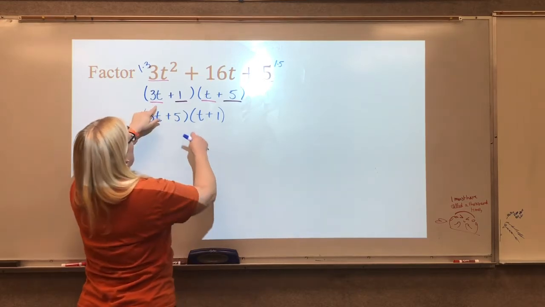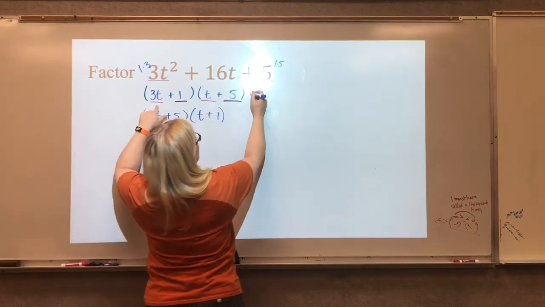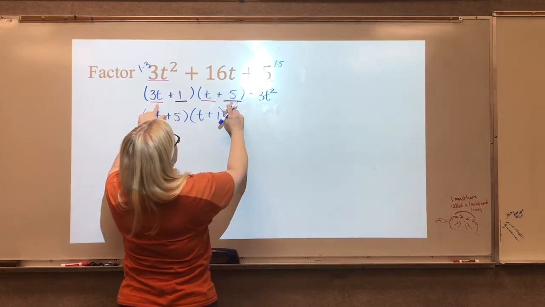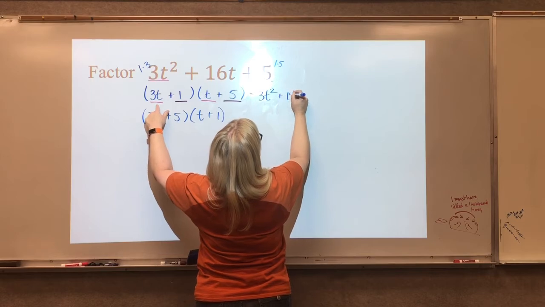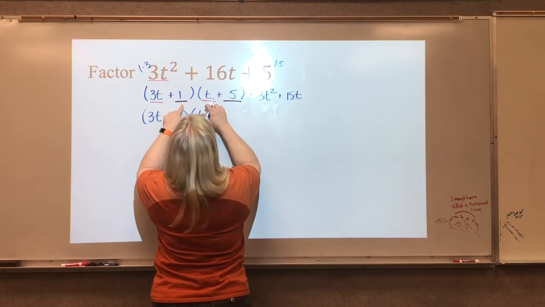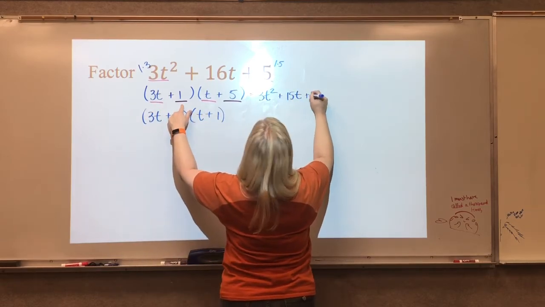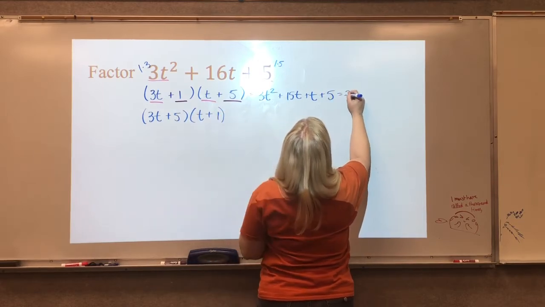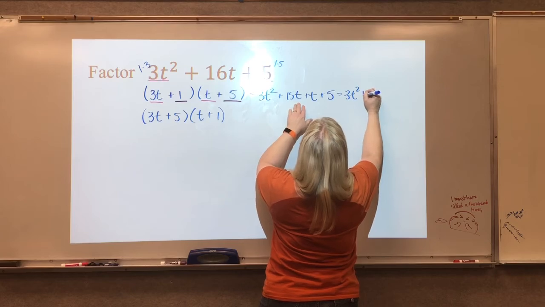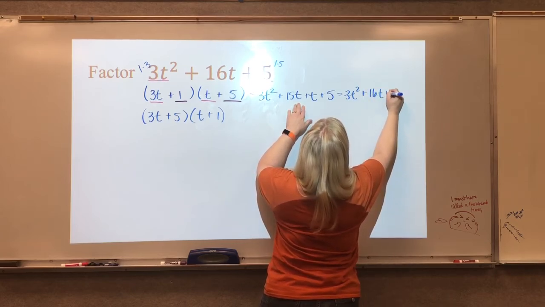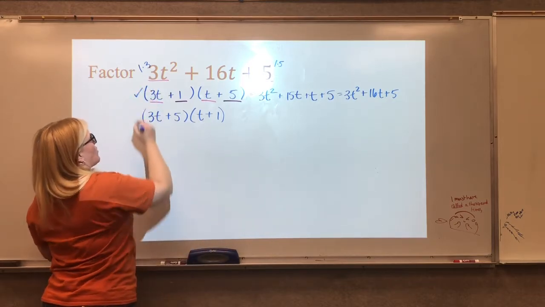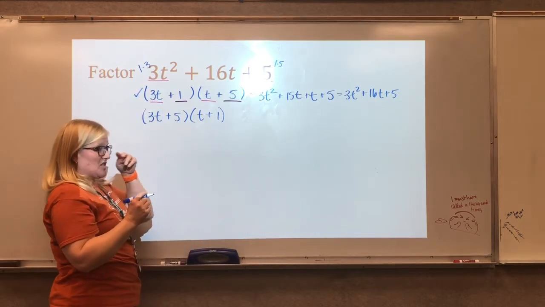Here's my top one. 3t times t is 3t squared. 3t times 5 is 15t. 1 times t is t. And 1 times 5 is 5. This gives me 3t squared plus 16t plus 5. So that's the correct one.